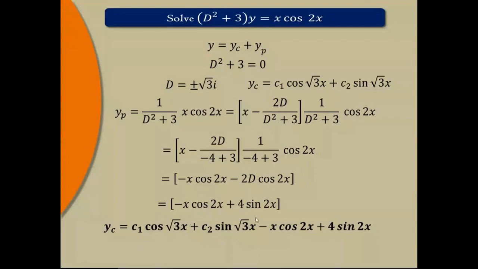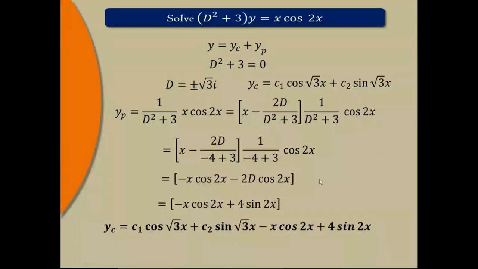So this is how we can get the solution if we have the product of two terms in which we have a single x. And the formula is x minus phi dash upon phi of D into 1 upon phi of D v. And then use the corresponding previous formulas of the shortcut method over here and simplify it.